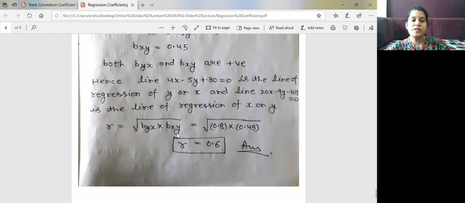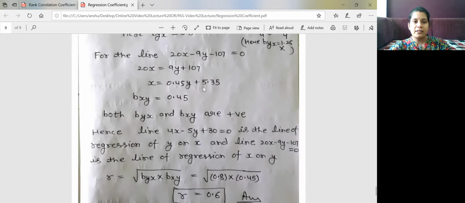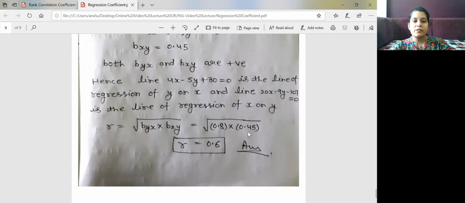So next we find the correlation coefficient. What is the property of the correlation coefficient? r is equal to under root byx into bxy. That means under the root we write both the regression coefficients. The values are 0.8 into 0.45. So we get the value of r is equal to 0.6.